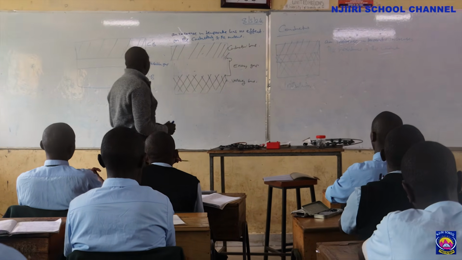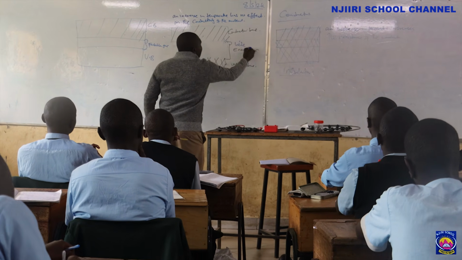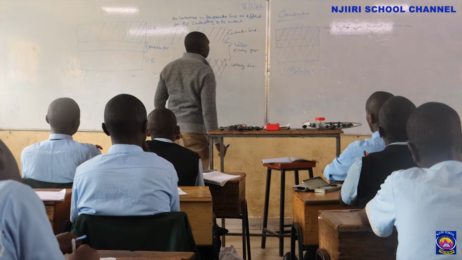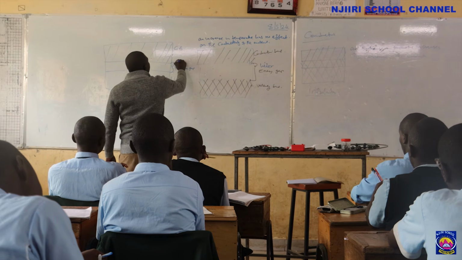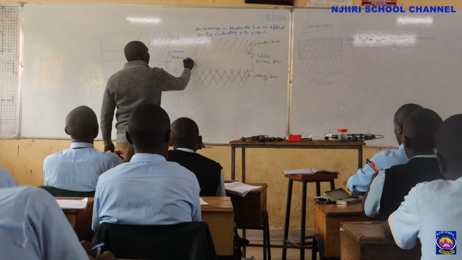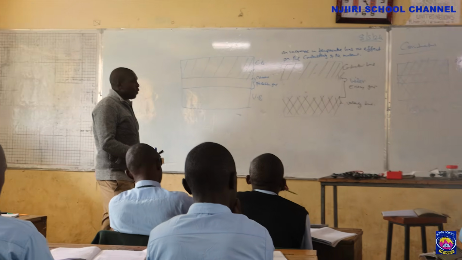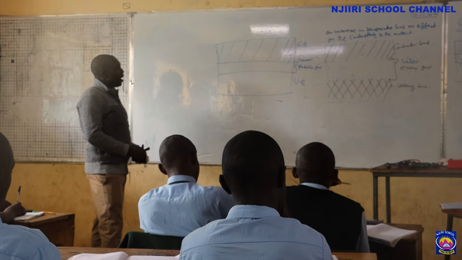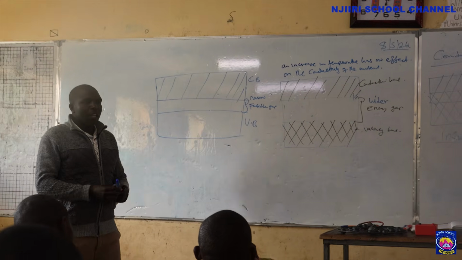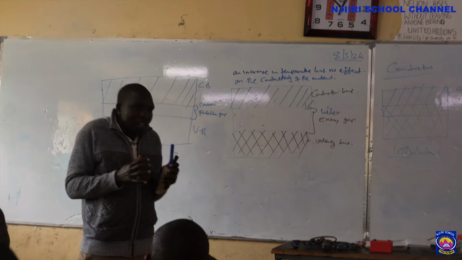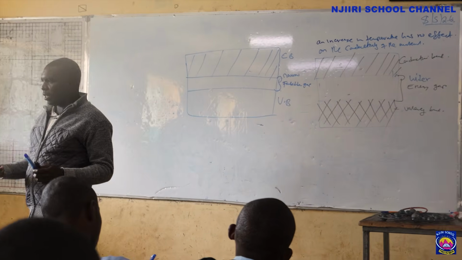So you realize that for the insulator, we say that it has a wider gap, because we want to compare. For this one, we are going to say that it has a narrow forbidden gap. And for that reason, if you increase the temperature of that material, that electron that is strongly bound in that material will gain some kinetic energy.